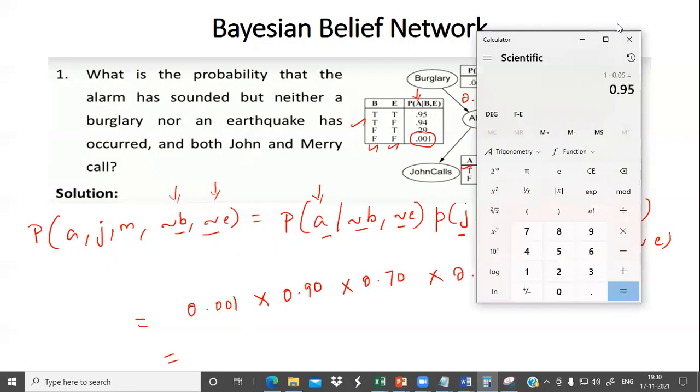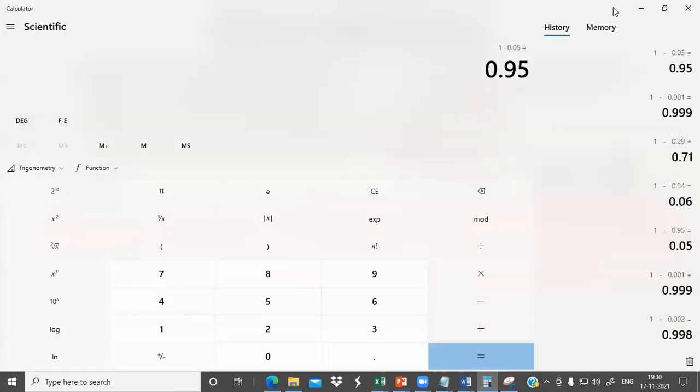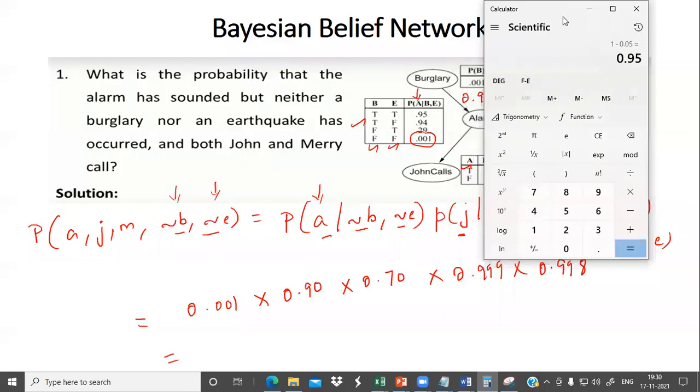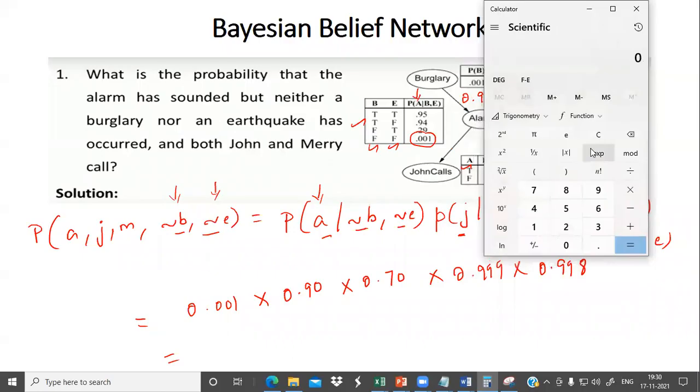So what we are supposed to do is 0.001 into 0.90 into 0.70 into 0.999 into 0.998.